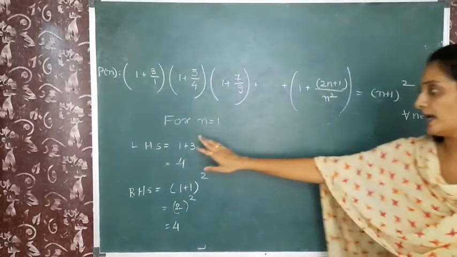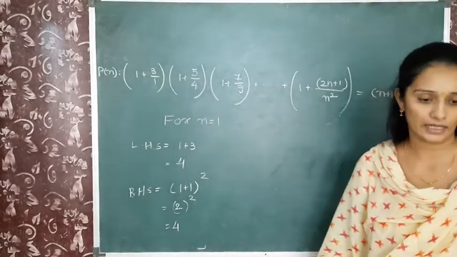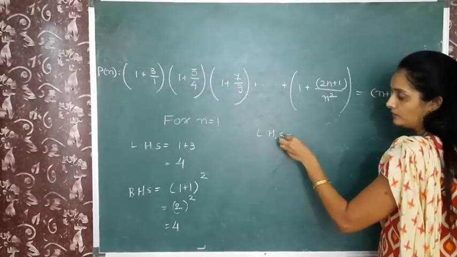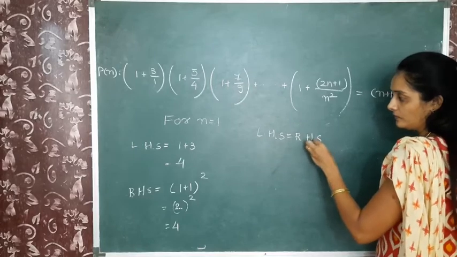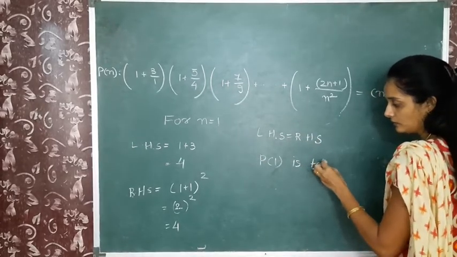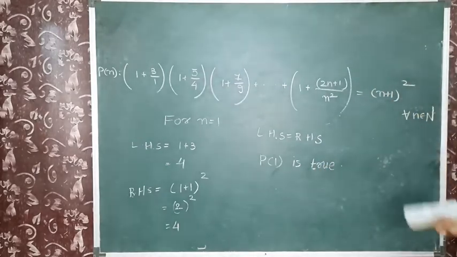That means LHS is equal to RHS. And therefore we can say P of 1 is true. Okay.